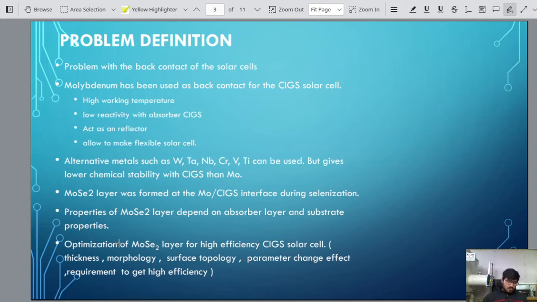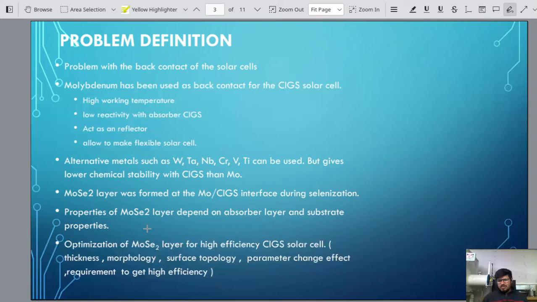Now the MoSe2 layer is intrinsically formed, and it acts as an ohmic barrier between the molybdenum substrate and the CIGS absorber, which is useful, but the properties of the MoSe2 layer can be optimized to suit the high efficiency solar cell.